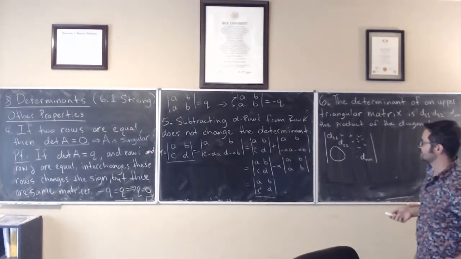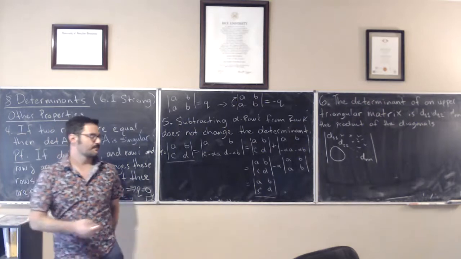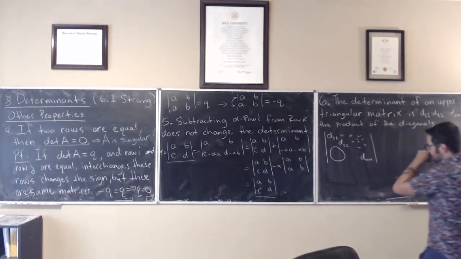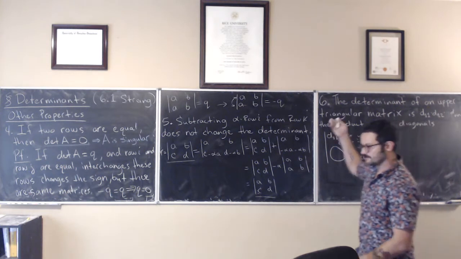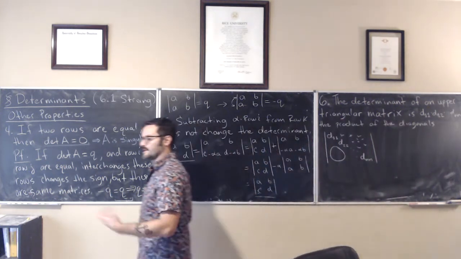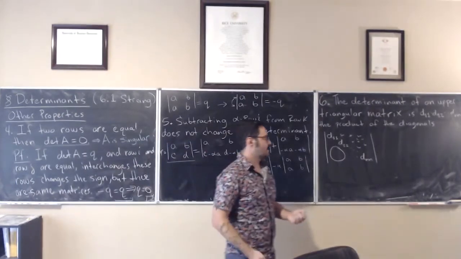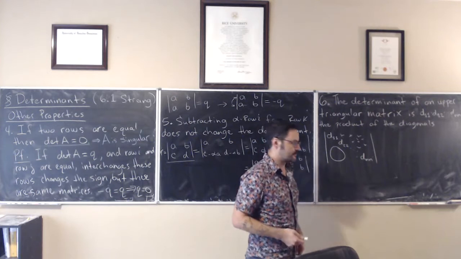The determinant is just the product of the diagonals, or in other words, the product of the pivots. And when you do Gauss-Jordan elimination, remember, the pivot is what you use to zero out everything below it. It doesn't have to be a 1, but as long as everything below it is 0, it's a pivot. So with a pivot, you can use that to zero out everything below it.